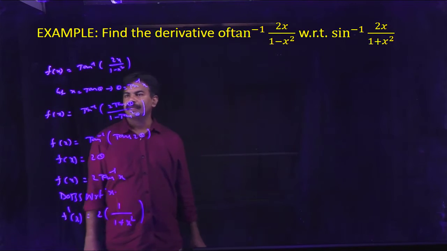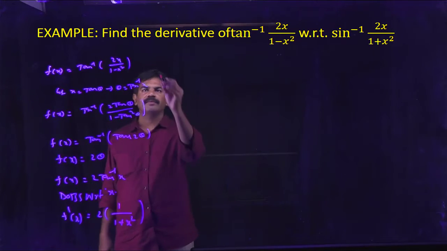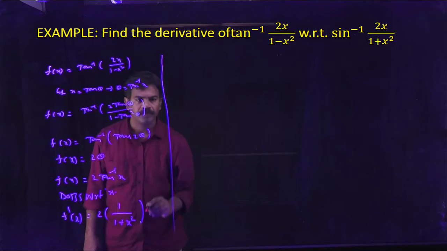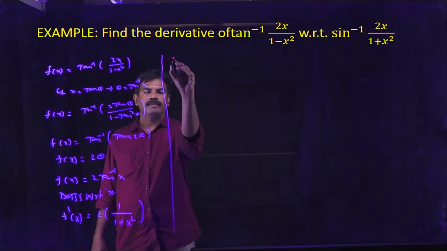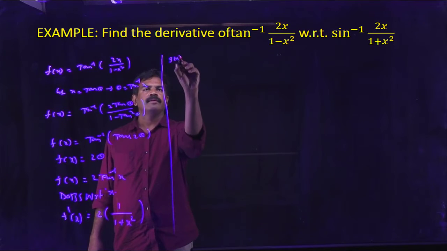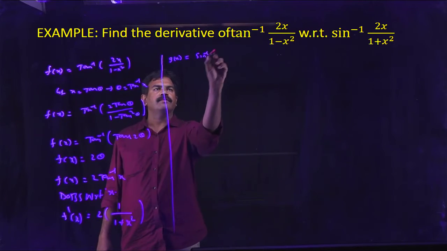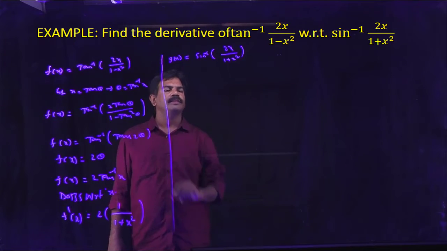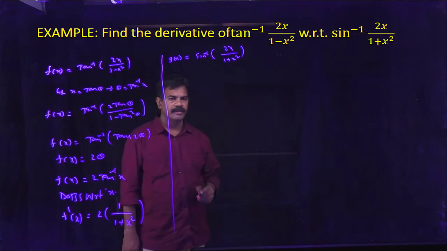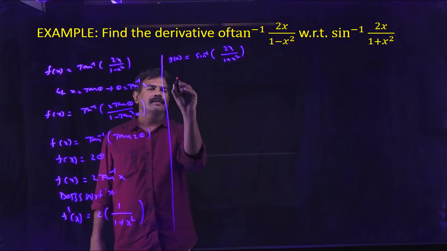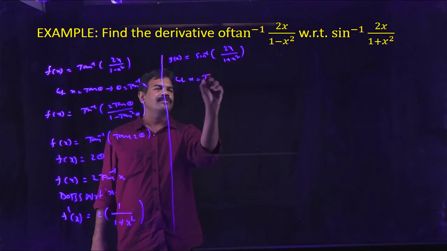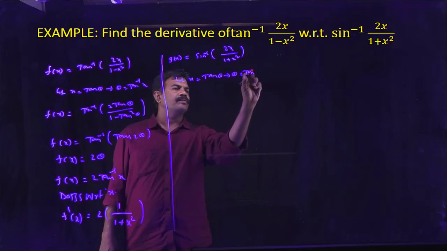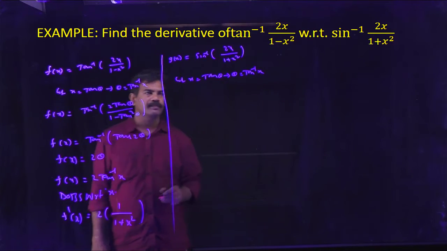Take the other, g of x is equal to sin inverse of 2x by 1 plus x square. That is, let x is equal to tan theta, that implies theta is equal to tan inverse x.